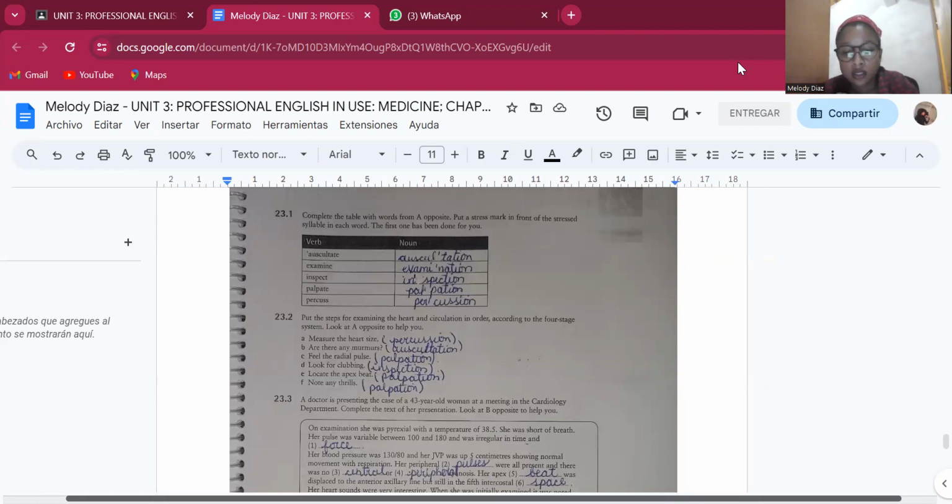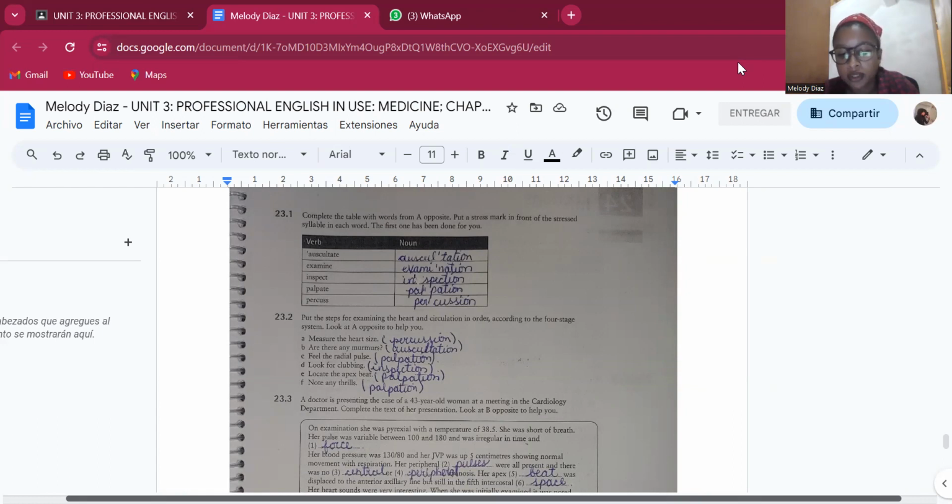Unit 23. Complete the table with words from A opposite. Put a stress mark in front of the stressed syllable in each word. The first one has been done for you. Verb, auscultate; noun, auscultation. Verb, examine; noun, examination.